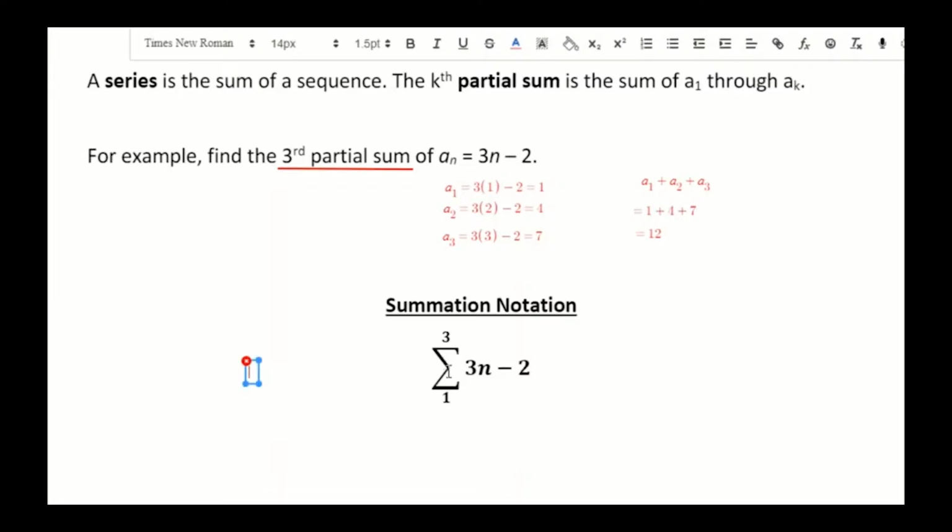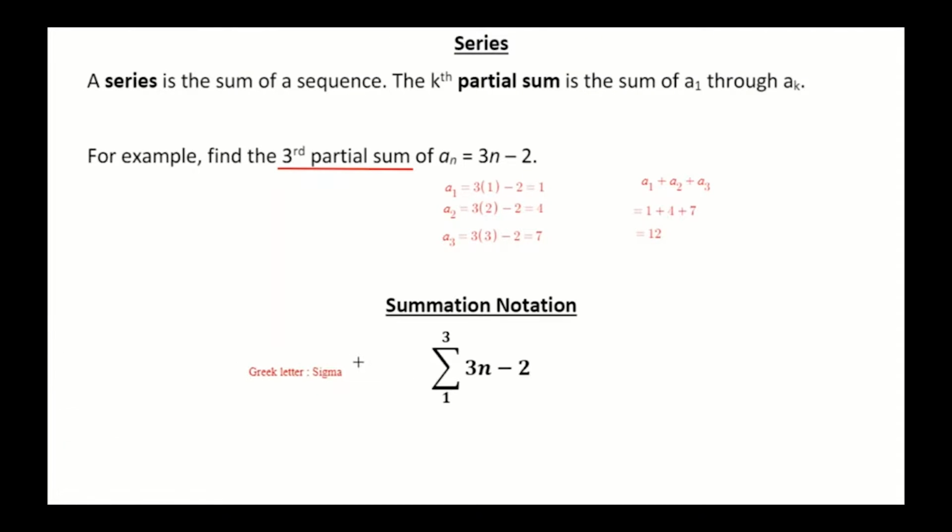This big E looking letter right here is actually a Greek letter, and the way you read it is called sigma. And in general, in mathematics, sigma means sum. So what this is effectively telling you to do is sum up the first term to the third term.